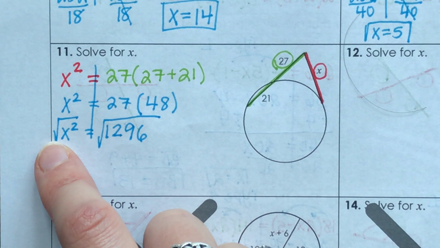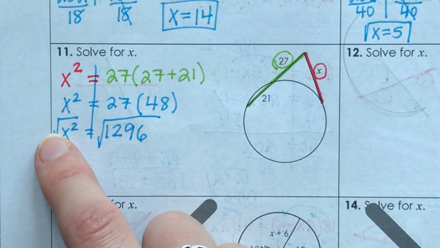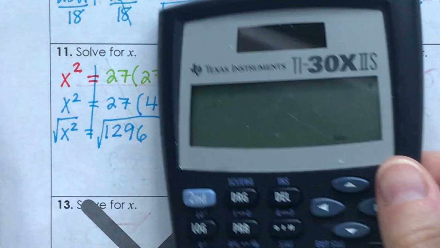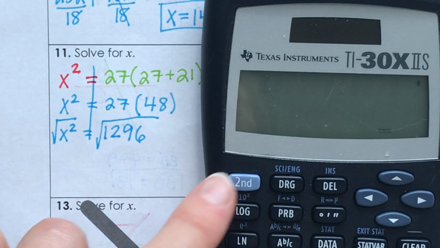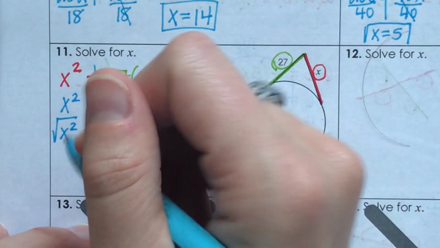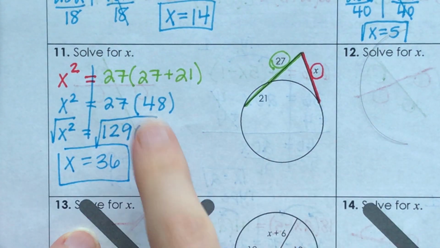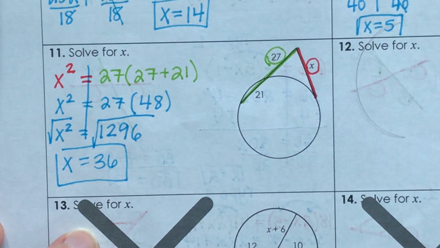If you're using a calculator, you might have to click shift or secant depending on which calculator you have. I'm using a regular calculator, so if I find the square root of 1,296, just get a number smaller than it, I get 36. And it only asked me to find x, so I'm done.